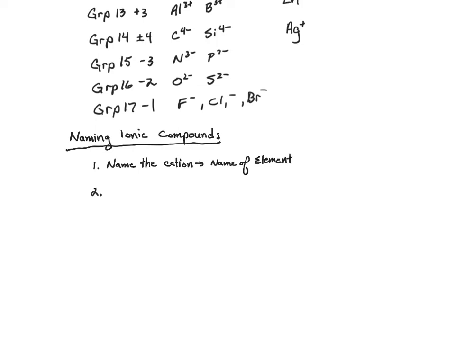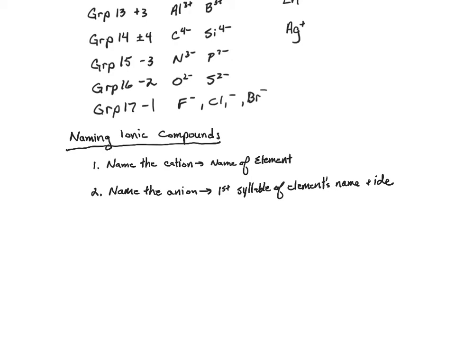Okay, then the next step is to name the anion. And honestly, in about 90% of cases, we can say that the name of the anion is going to be the first syllable of the element's name plus IDE.